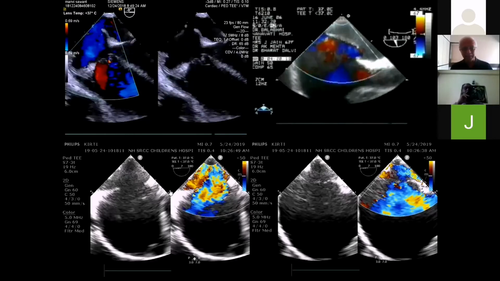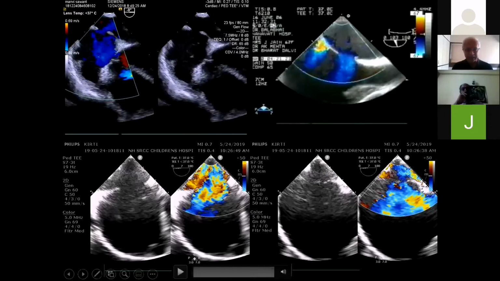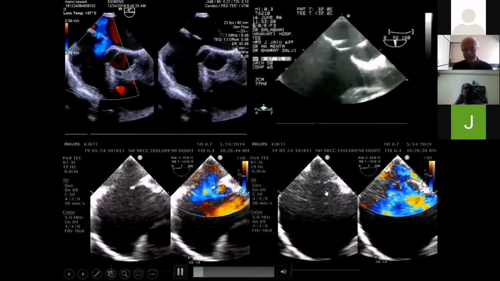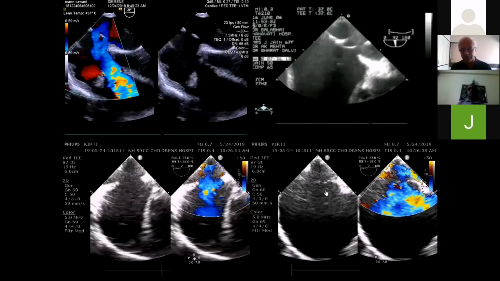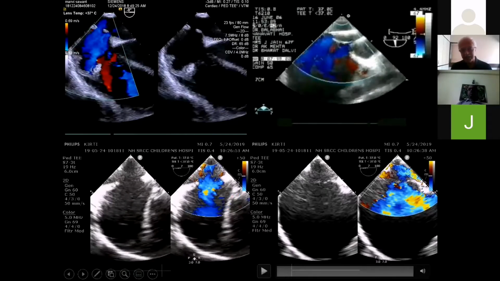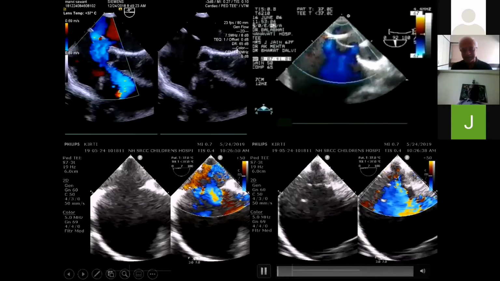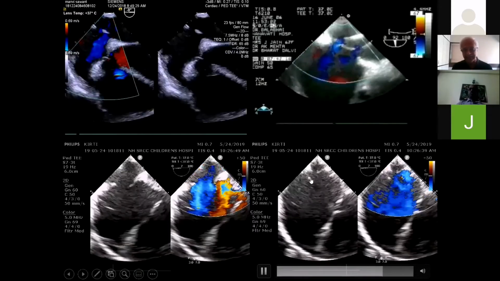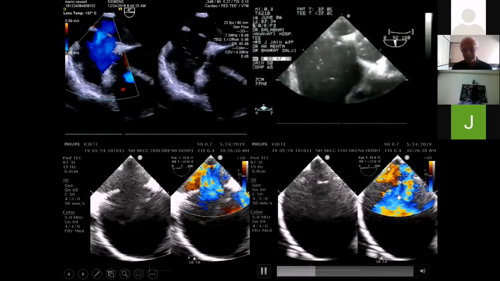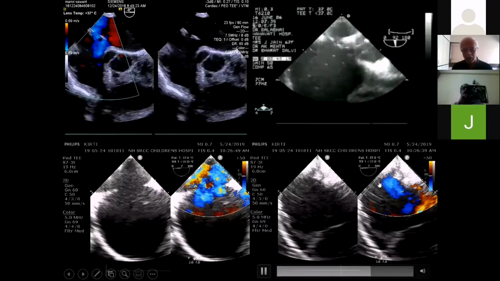This is an example of a fossa ovalis defect which is located more anteriorly and superiorly. And as you take your TEE further down, you will see that there are multiple fenestrations in the septum primum, very evident on color flow mapping.